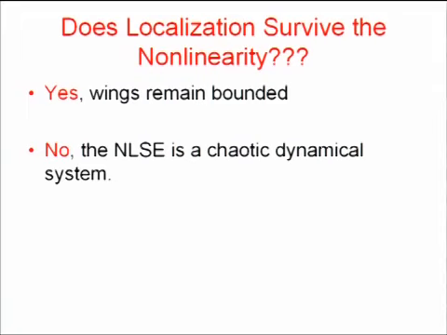Then it looks that there is rigorous work showing that to a great extent in time the wings stay bounded, and then there are arguments of people that do dynamical systems saying, well, the nonlinear Schroedinger equation is a chaotic dynamical system, then we have chaos and everything spreads in space.